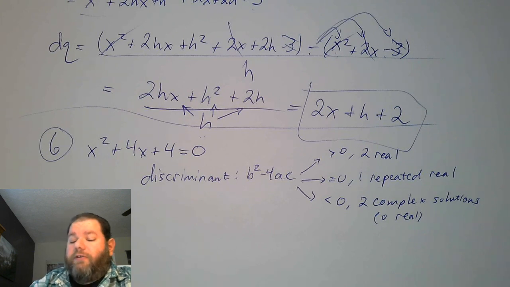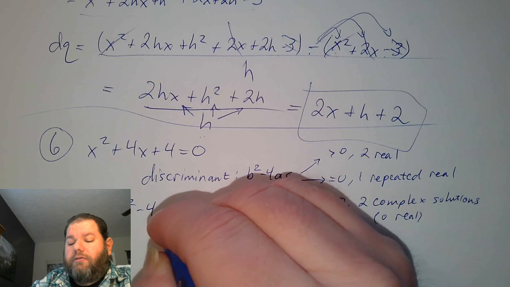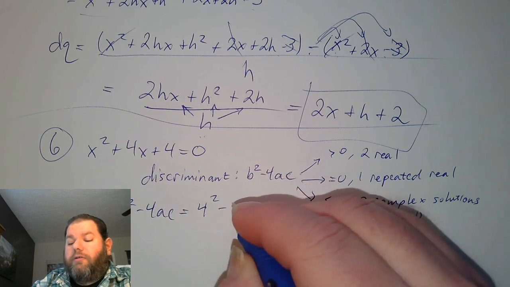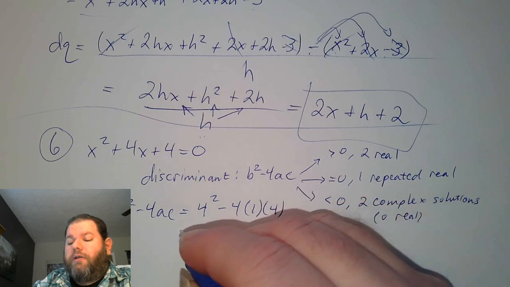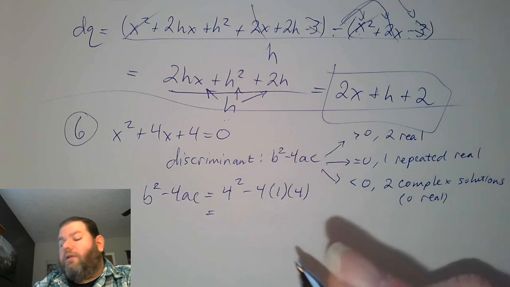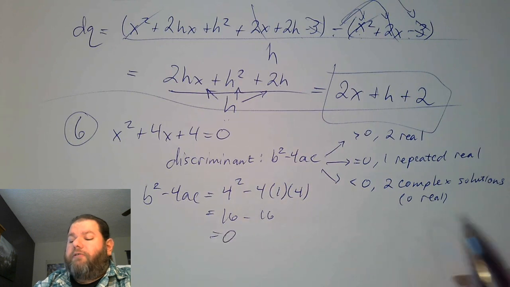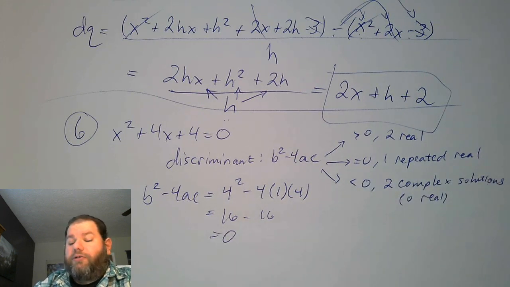But yeah, if we just use the discriminant b squared minus 4ac, b is 4, a is 1, c is 4. So we get 16 minus 16, so we get a result of 0, which means we have one repeated real solution.